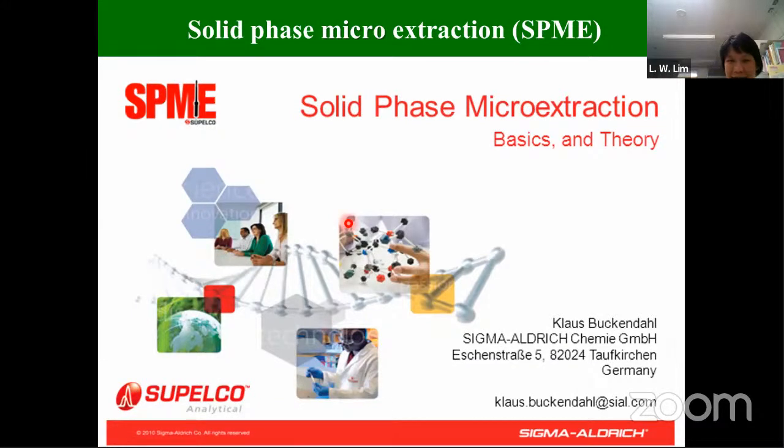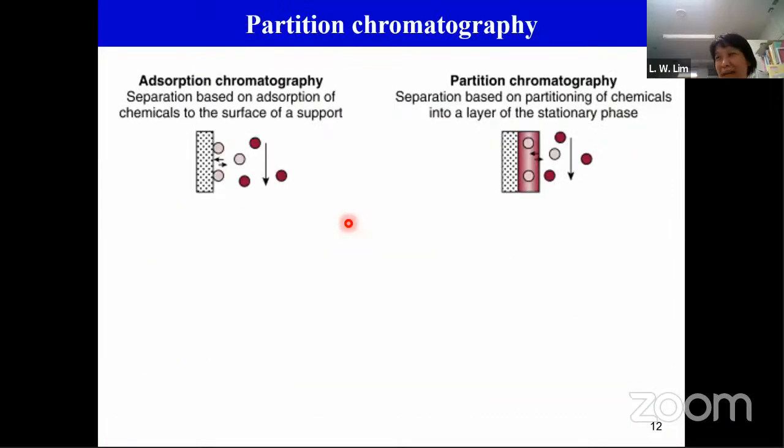Okay, so I finished with the absorption. I will continue with partition. Like I said, partition is a bit complicated because originally partition means a liquid. But recently, because the absorption is taking so much time, to reduce the interactions we modify another layer of liquid on the support.